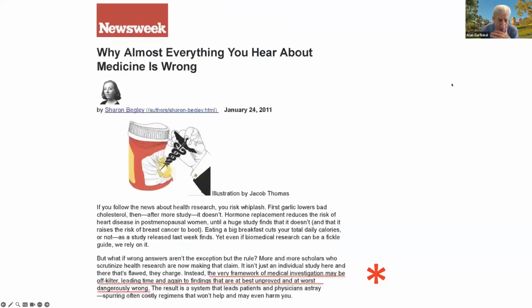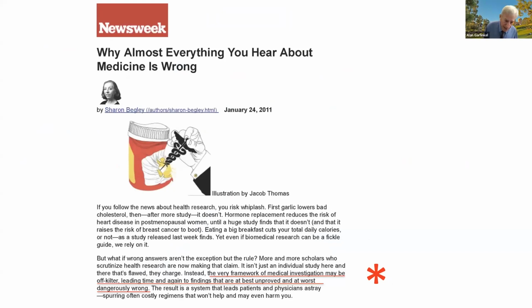What's wrong with this approach? It has produced an epidemic of irreproducible results and scandals. This month, hormone replacement therapy causes cancer. Next month, hormone replacement therapy does not cause cancer.